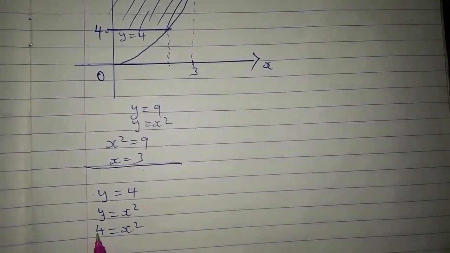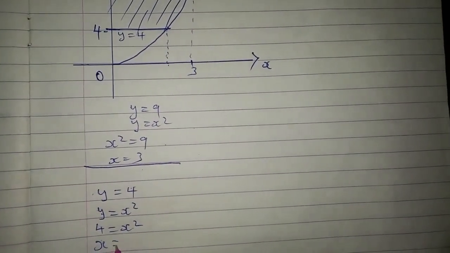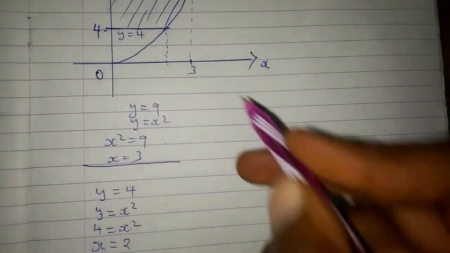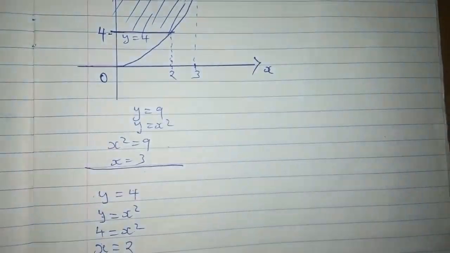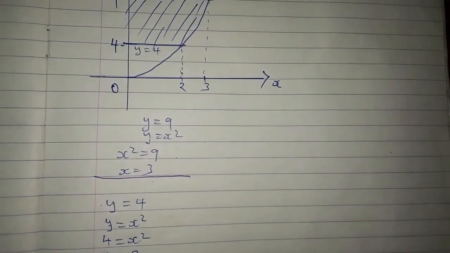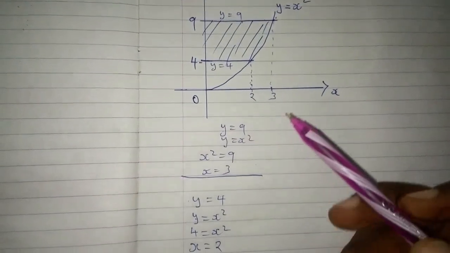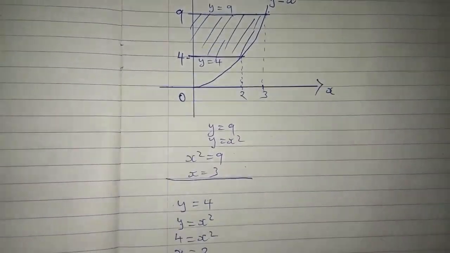If x squared is equal to 4, therefore the value of x is the square root of 4, which is 2. So at this point the value of x is 2.